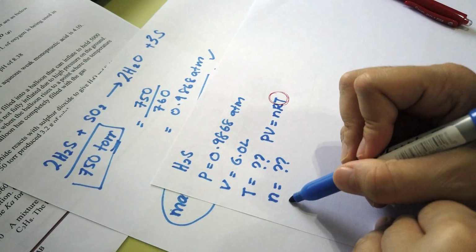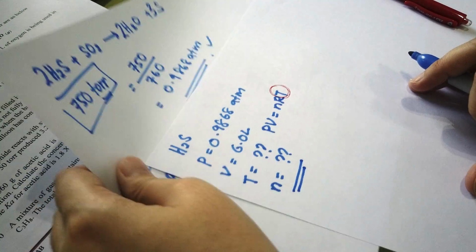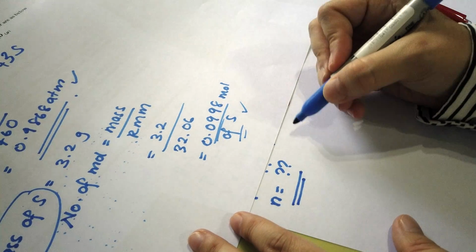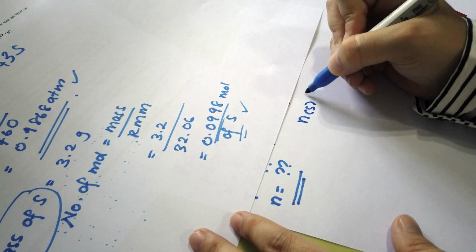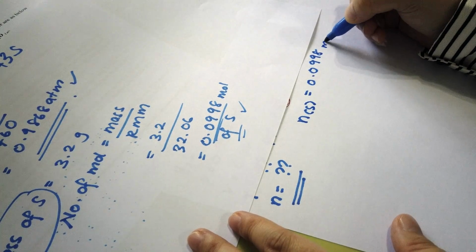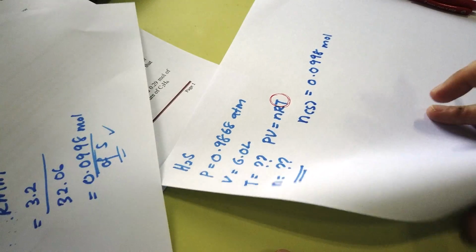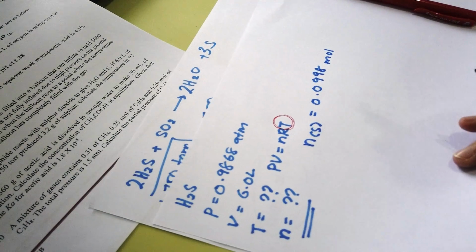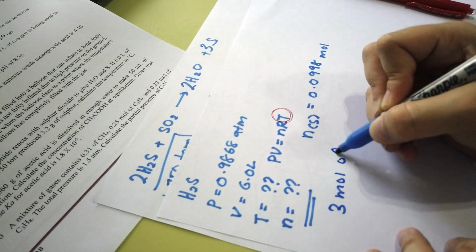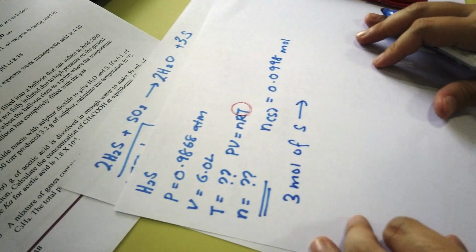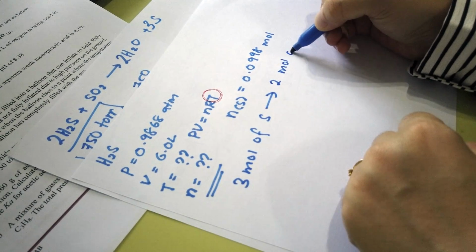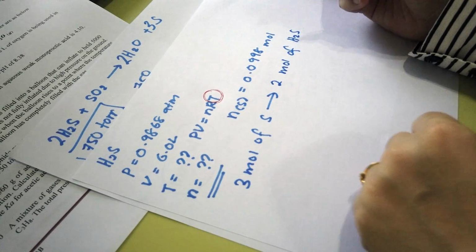So your T is the thing that you want to calculate. How can you get the n? From this calculation, we know that the number of mole for sulfur is 0.0998 mole. By using the chemical equation that we have done, 3 mole of sulfur will be produced if you have 2 mole of H2S.